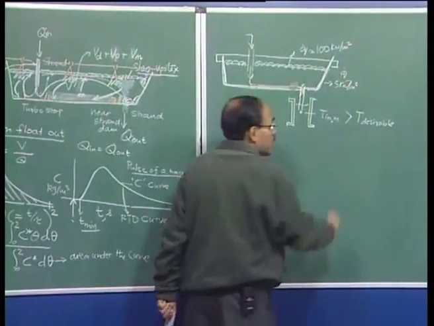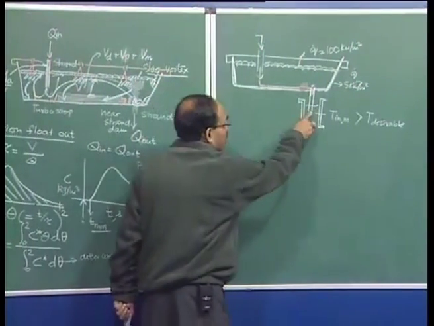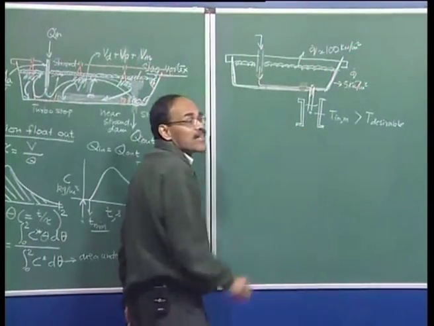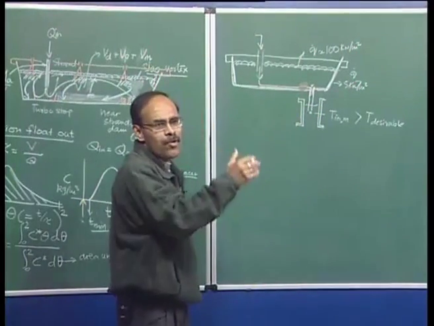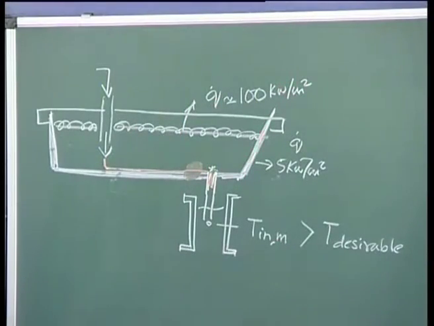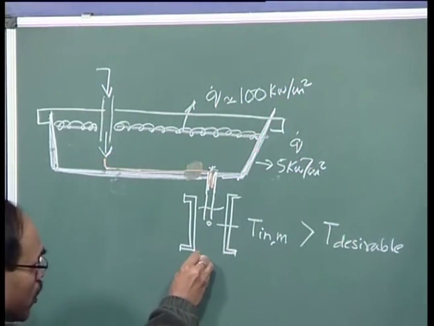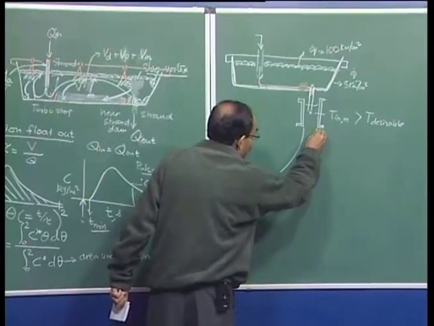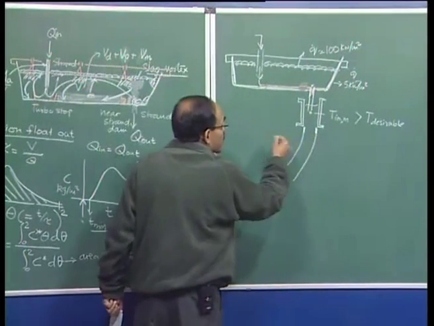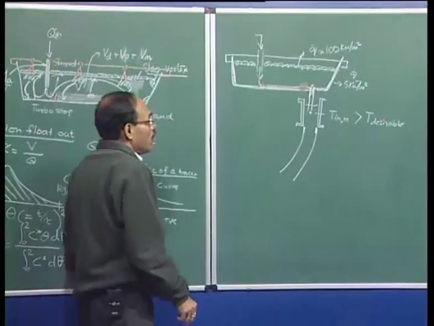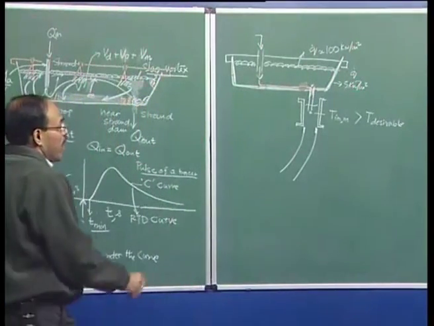And as I have mentioned, the more the temperature here, the lesser will have to be the casting speed, because you have to keep the molten metal in the mold for some amount of time before it flows out of the mold, because you have to have a reasonable amount of shell thickness at this particular point, otherwise there is going to be a breakout or bulging because of higher hydrostatic pressure.